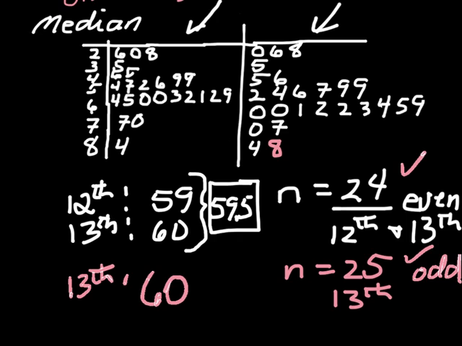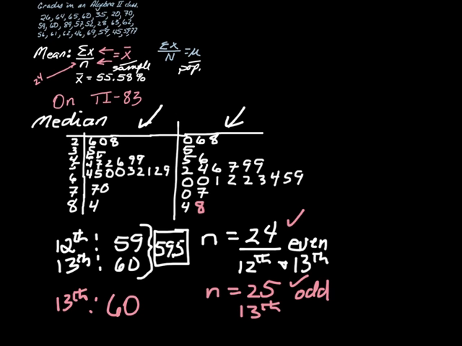Now, tomorrow I'm going to show you how to get these on a calculator as well. So let's do the last thing, which is the mode. And the mode is the one that occurs the most often.